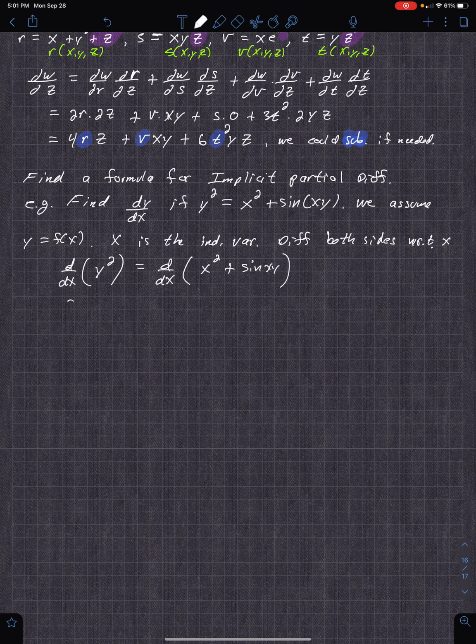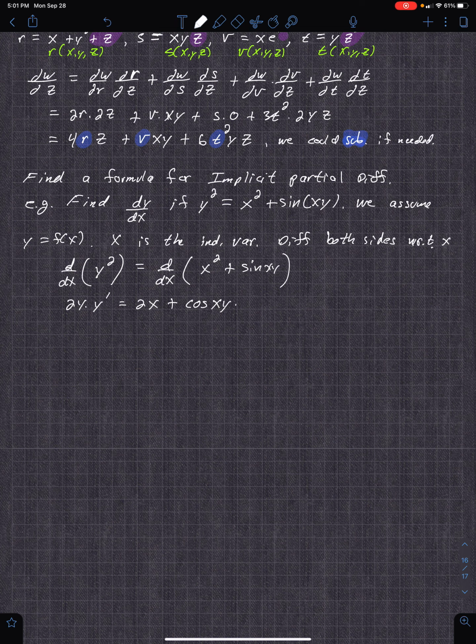So this is 2y times y prime, equal to 2x, plus the derivative of sine is cosine, so it's cosine xy, times what's inside.